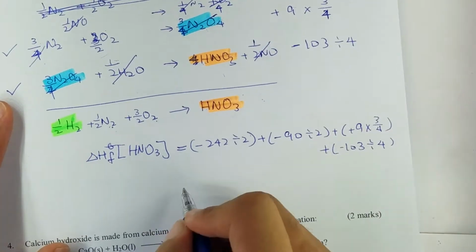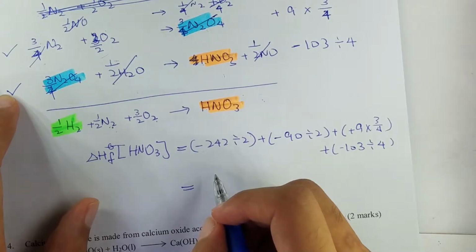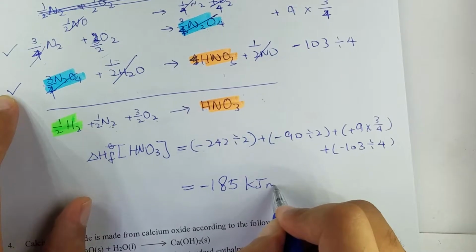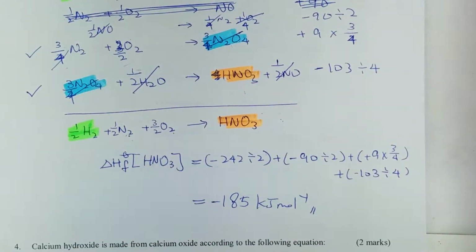Don't ask me why. And then you should get the answer will be negative 185 kJ per mole. So I strongly suggest you to try this on your own once and practice it once. You will notice that it's not that difficult. It's just manipulation of numbers.